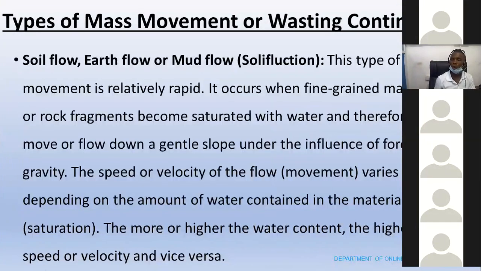Now, the soil flow. Let's look at the third type of mass movement or mass wasting: the soil flow, or the earth flow, or the mud flow.